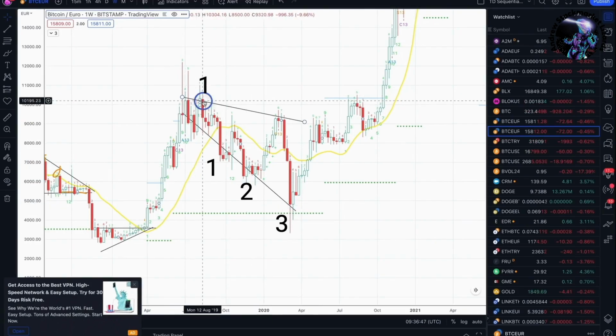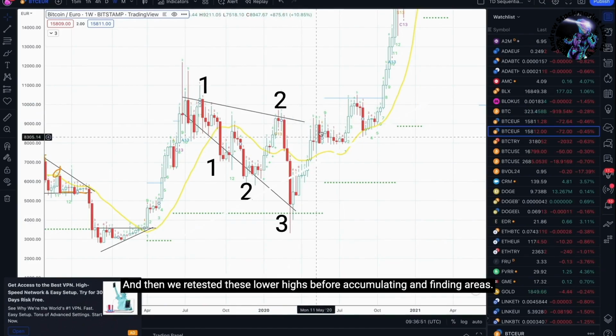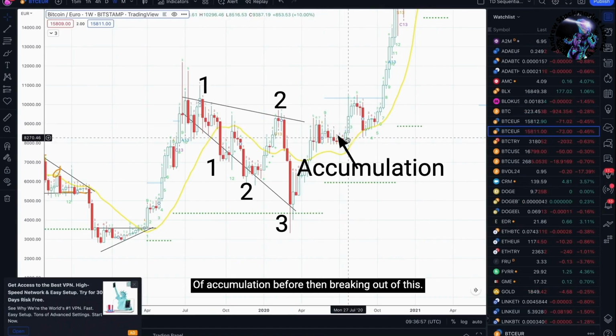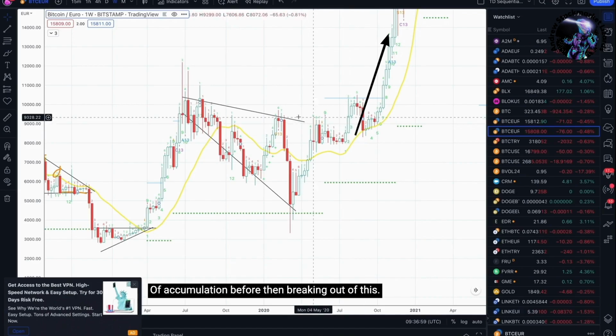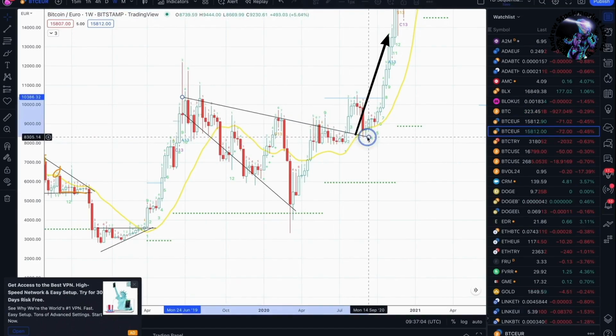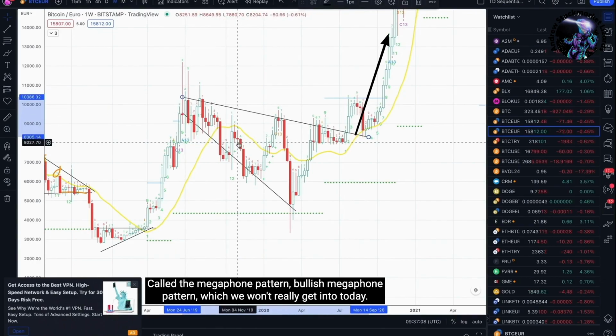We got a high, we got a lower high, somewhat of a lower high, and then we retested these lower highs before accumulating and finding areas of accumulation before then breaking out of this resistance line. This can also be another chart pattern called the bullish megaphone pattern, which we won't really get into today.